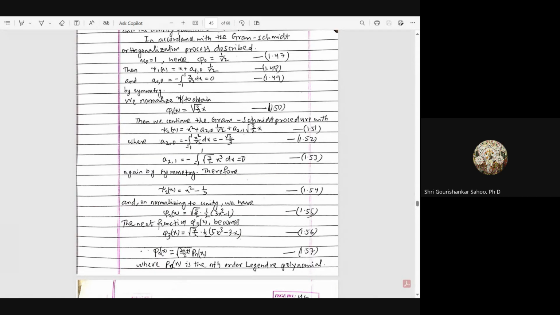And your next function, phi 3, is equal to root 7 by 2 multiplied by half, whole multiplied by 5x cube minus 3x. And your phi n, which is a function of x, can be written as root over 2n plus 1 divided by 2 times P_n(x), where P_n is the nth order Legendre polynomial.